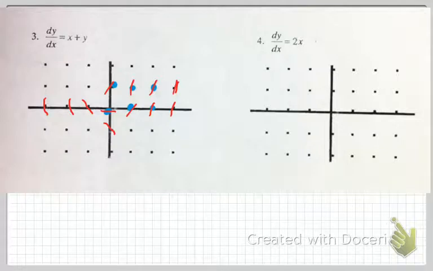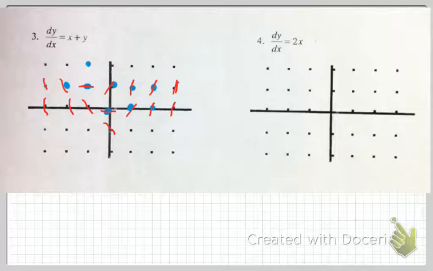And for this point right here, we have negative 1 plus 1, that's 0. And for this point here, we have negative 2 plus 1, that is negative 1. And then this will be negative 2.